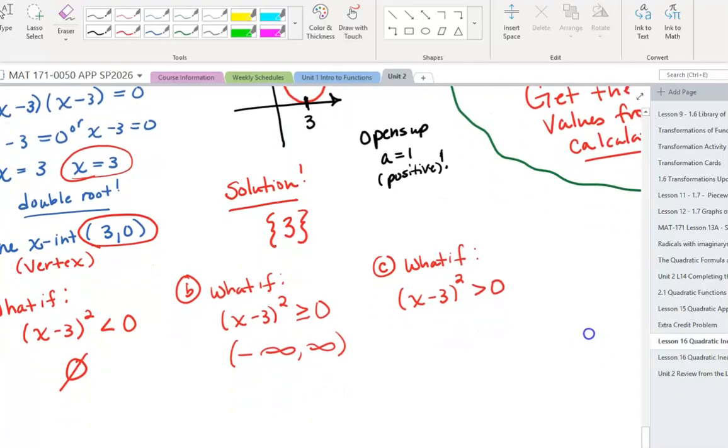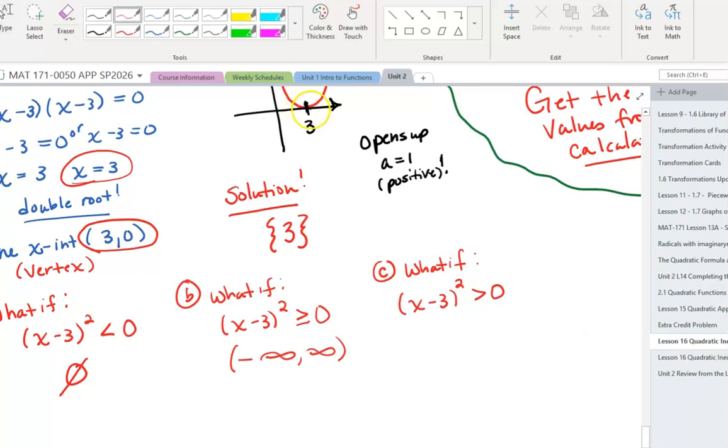Well, we would have to leave 3 out of that solution, wouldn't we? Because 3 is what made it equal to 0. So in this case, we would say from negative infinity up to 3, union 3 to infinity. So that's another special case.